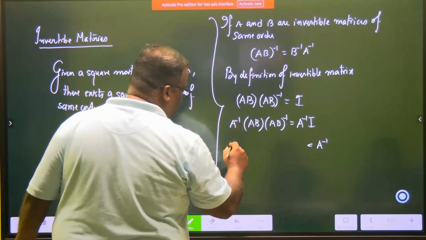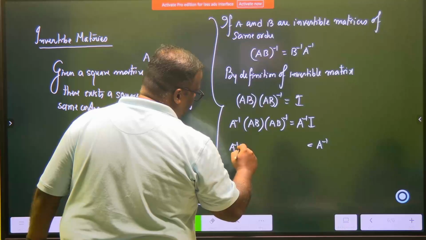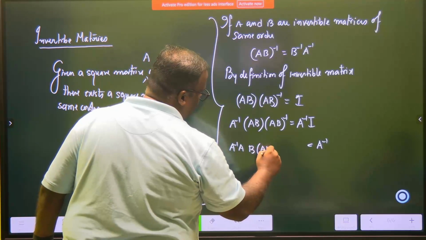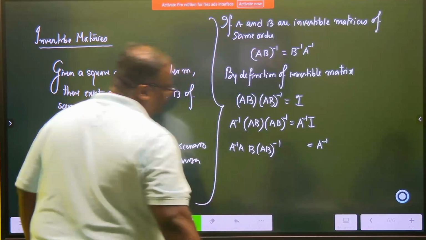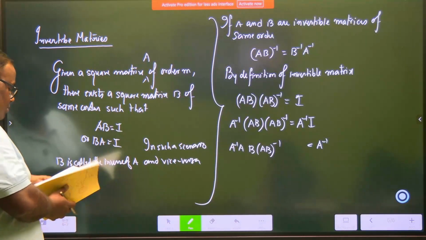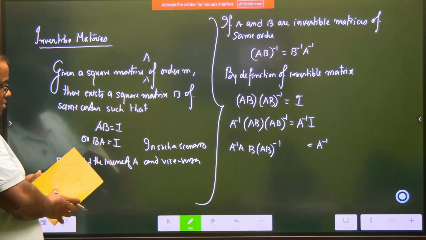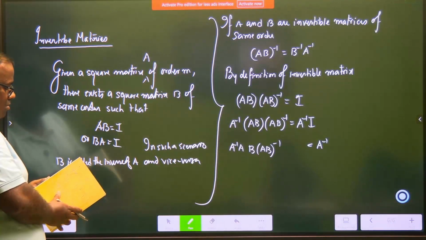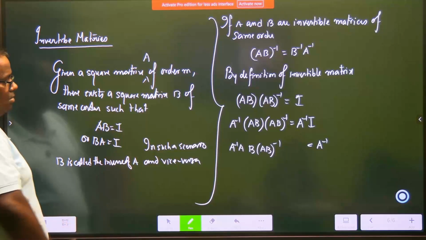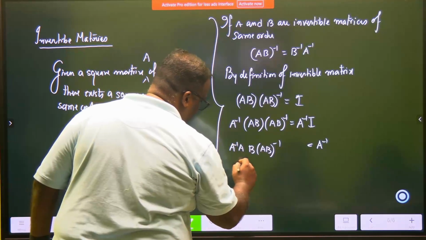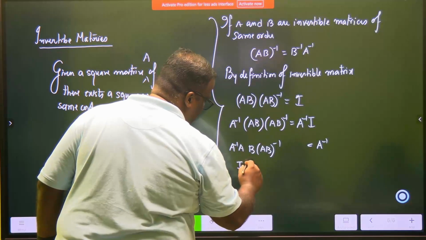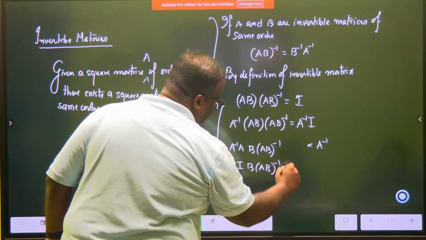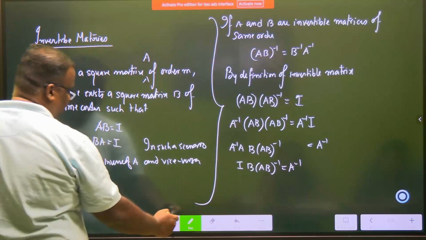Multiply A inverse with A and multiply B with AB inverse. A inverse into A will give you an identity matrix. B into AB inverse is A inverse.